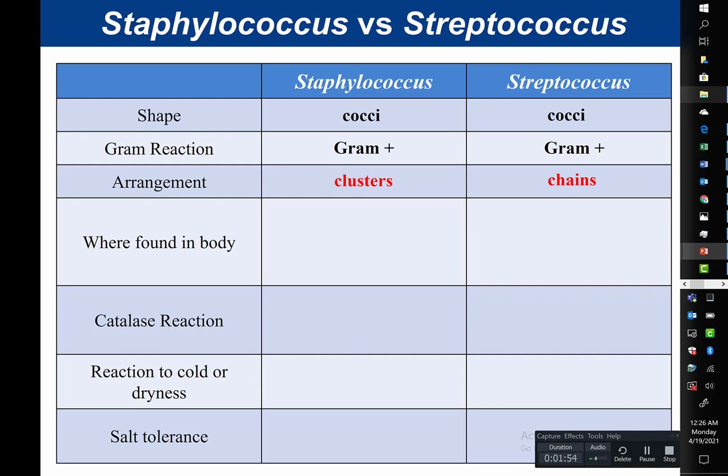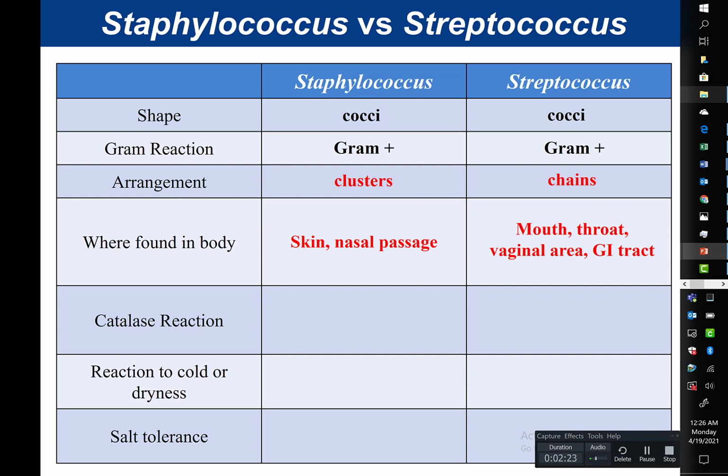In terms of where they're found in the body, for Staphylococcus, the main places that you're going to find this type of bacteria as part of normal flora would be the skin and the nasal passage. For Streptococcus, you're going to find this bacteria in the mouth, in the throat, in the vaginal area, as well as the gastrointestinal tract, otherwise known as the GI tract, the gut.